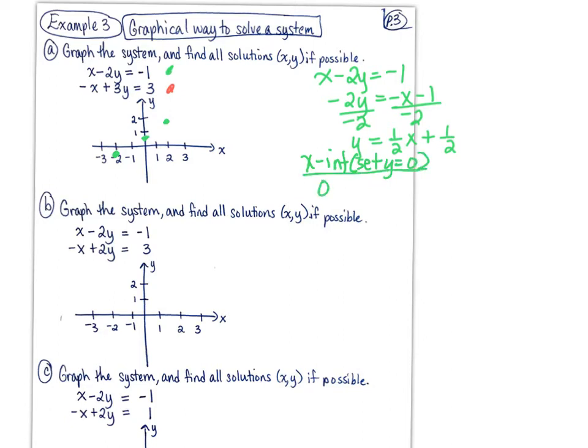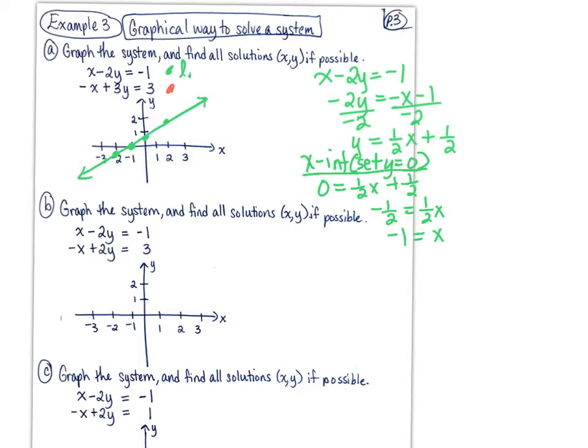So that would give you 0 is equal to 1/2 x plus 1/2, which means negative 1/2 is equal to 1/2 x. Multiply both sides by 2. What do you get x is? X is negative 1. So that is your x-intercept. So it crosses there. And then you sketch your line.